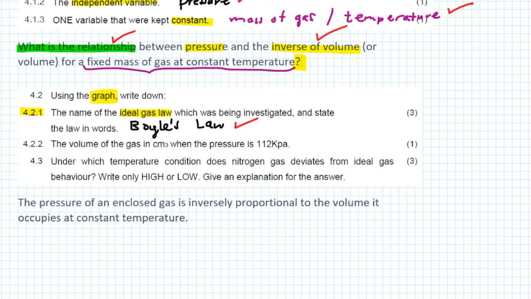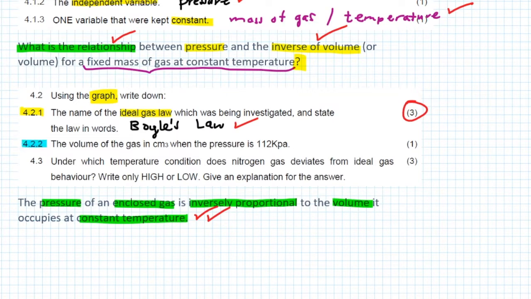Boyle's law states that the pressure of an enclosed mass of gas is inversely proportional to the volume it occupies at constant temperature. So pressure is inversely proportional to volume for a fixed mass of gas at constant temperature. And for writing this down, you're going to obtain your 2 other marks, giving you 3 marks for question 4.2.1.